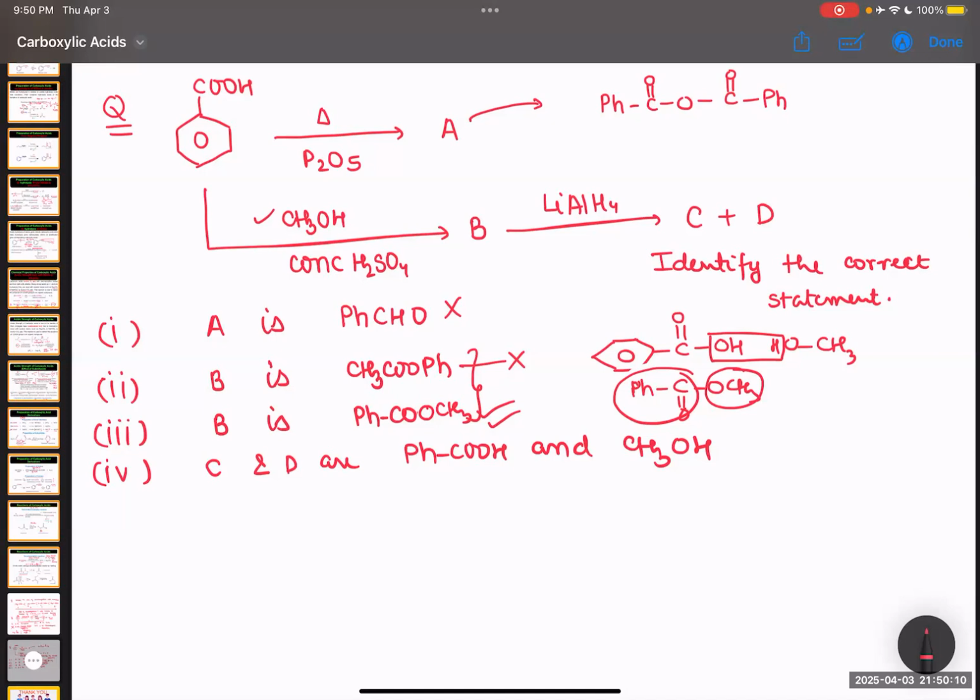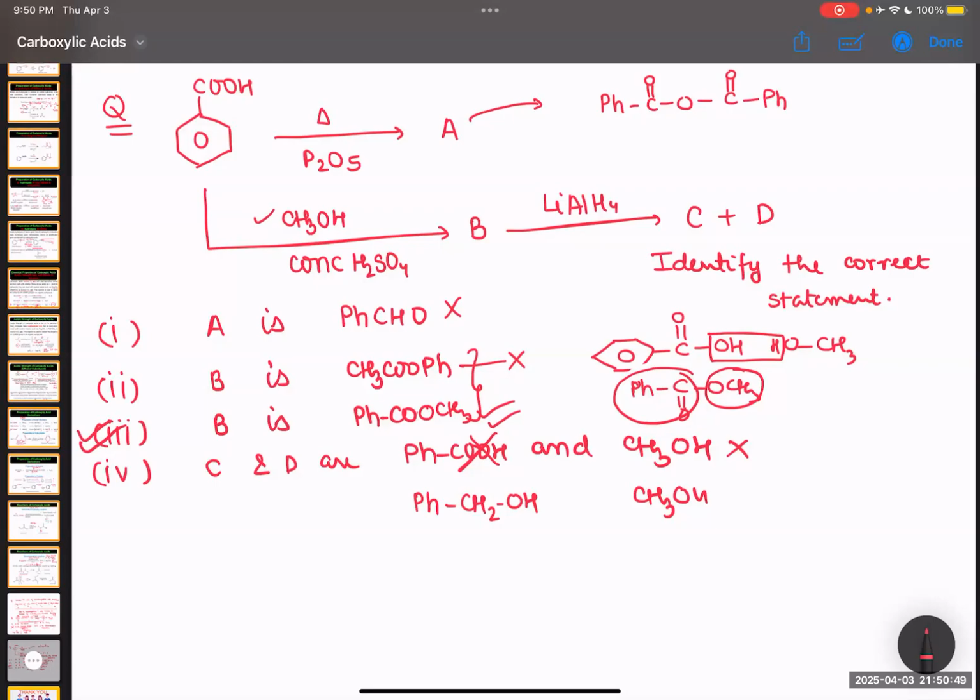I hope that is clear to you. Yes. So this again became incorrect because this is an acid. If I'm using LAH, how can I get an acid? It will get reduced to alcohol. So this statement becomes incorrect. The answer is going to be the third option.